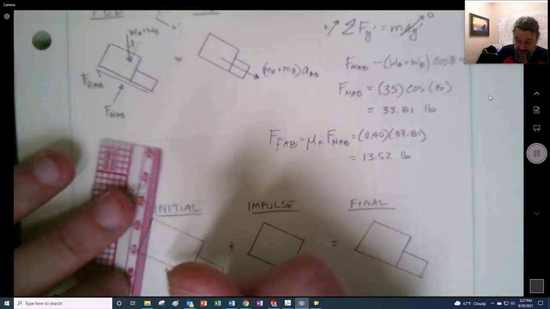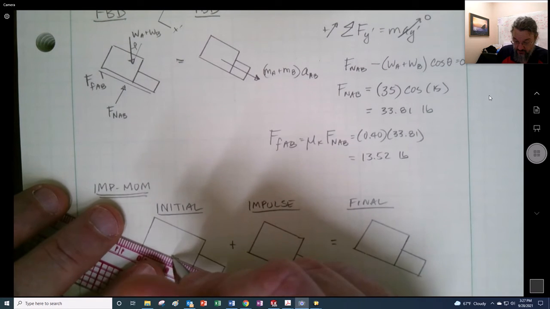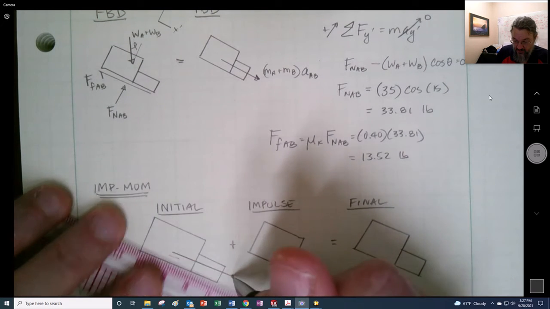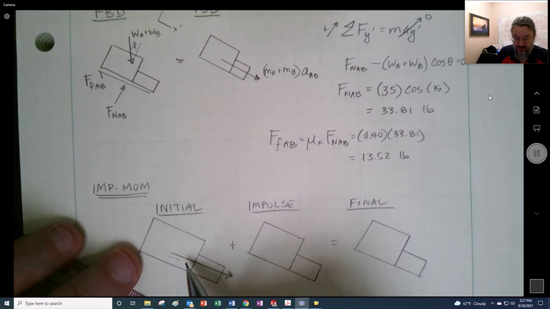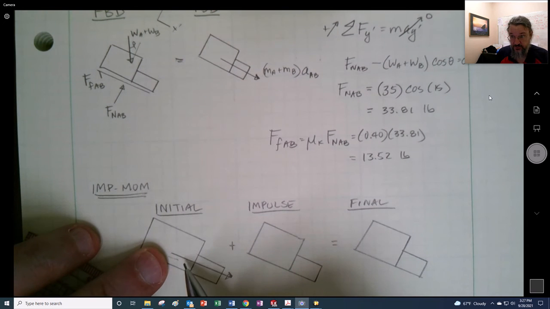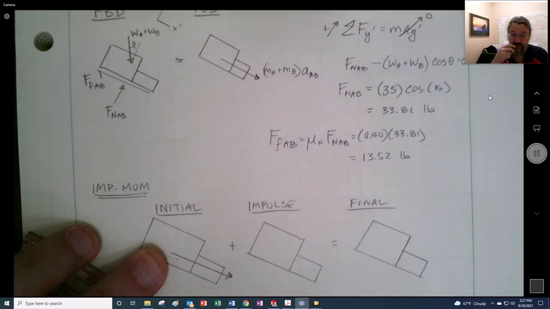And let's see, the initial, right? We could say it's just before the collision of these two things.